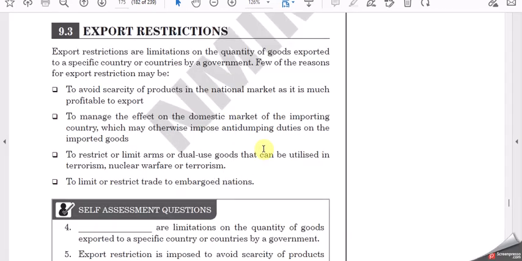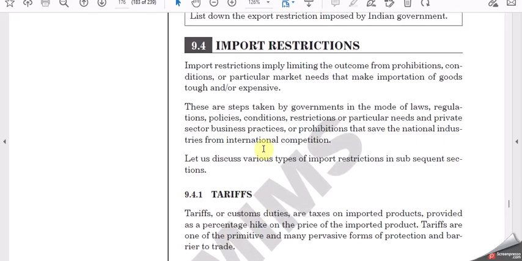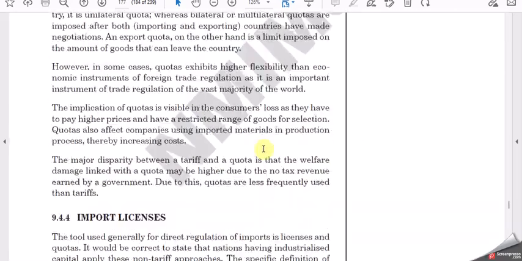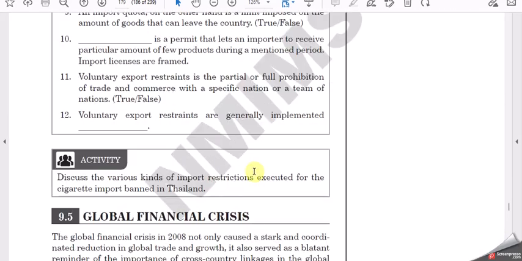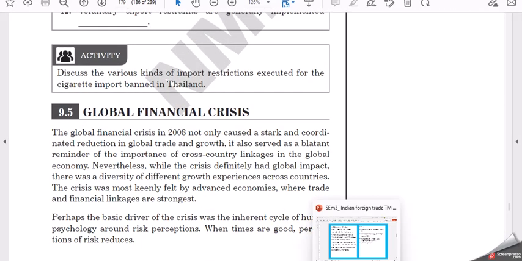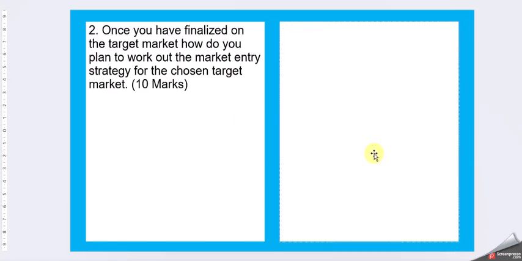So we have a little information. Overall, we don't have very straightforward information in the textbook. But when you see this, you'll be able to understand what you have to write. So look for a few external sources. If there is some organization kind of information, you can take that and write it for this answer.